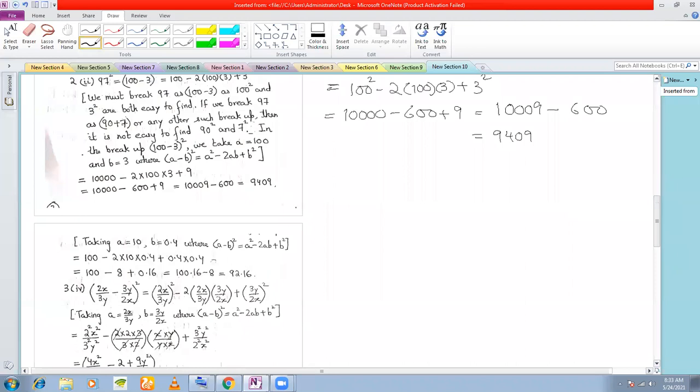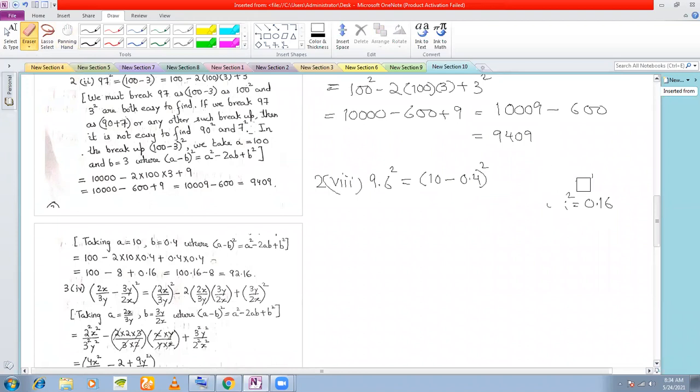This is 2 part 8. 9.6 square. How do you break up 9.6? You break up 9.6 as 10 minus 0.4, because you know 10 square is 100 and you know 0.4 square is 0.16. So this is easier to square. So we break up this as 10 minus 0.4.